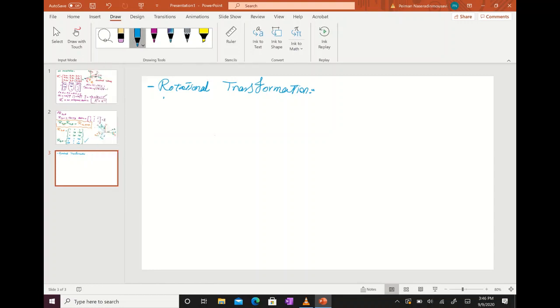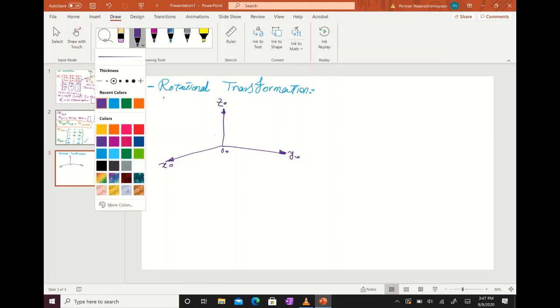Look at this graph. So you have the world coordinate system x0, o0, and the y0 in 3D space, and this is z0.